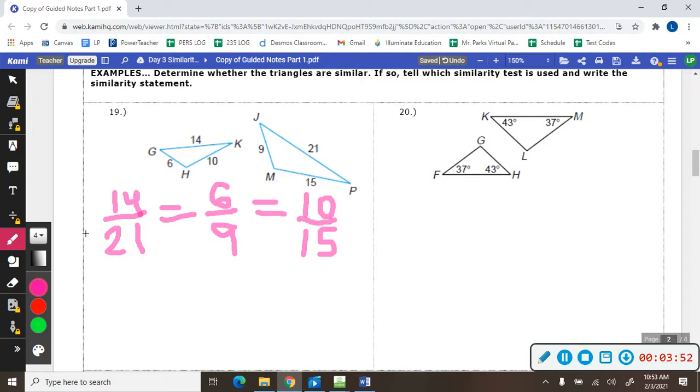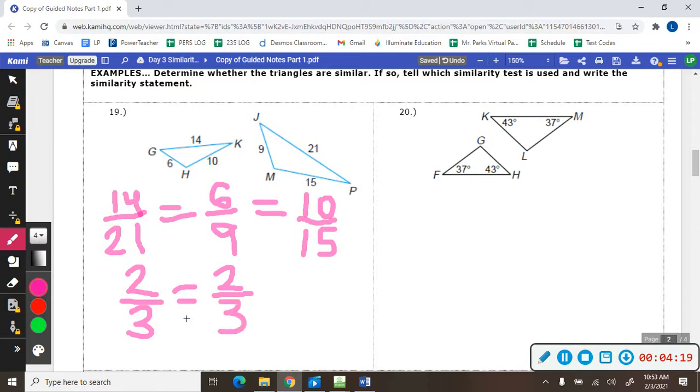Or you can reduce. And so if I reduce, both of these are divisible by 7. 14 divided by 7 is 2. 21 divided by 7 is 3. 6 and 9 are both divisible by 3. 6 divided by 3 is 2. 9 divided by 3 is 3.